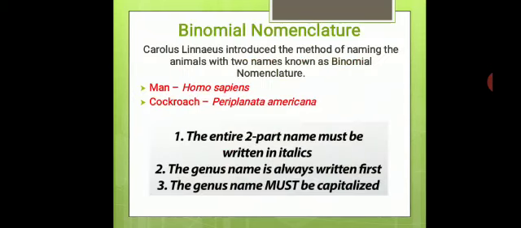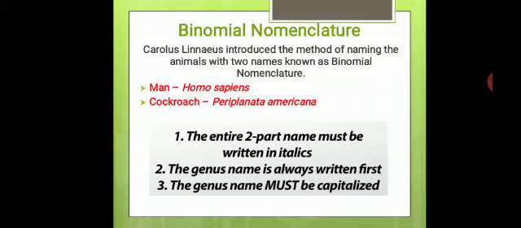Next we are moving on to the topic binomial nomenclature. So binomial means what? Bi means two, nomial means name, nomenclature means naming. So here Carolus Linnaeus introduced this method of naming the animals with two names, which we call binomial nomenclature.